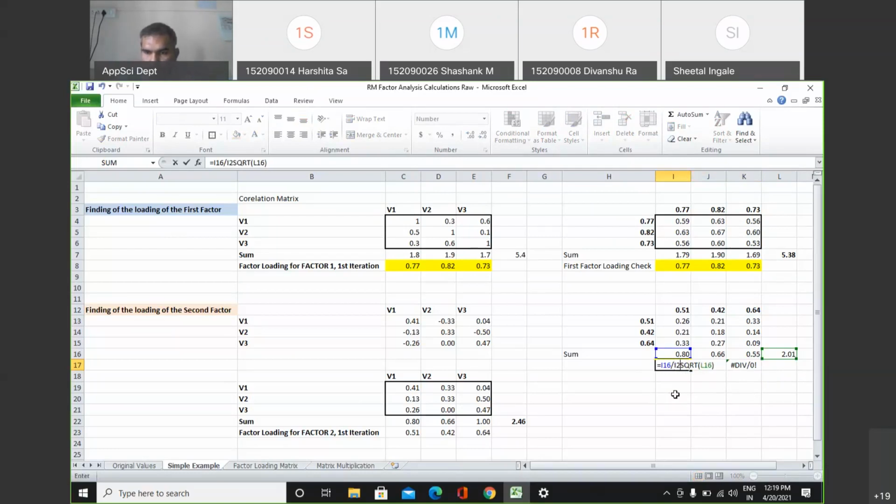It seems to be some error. Okay, let me calculate.